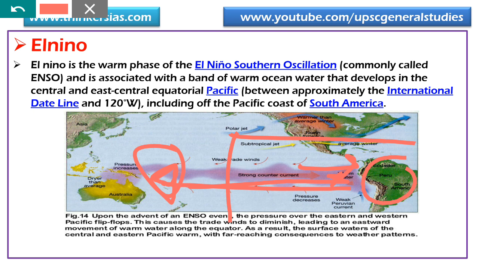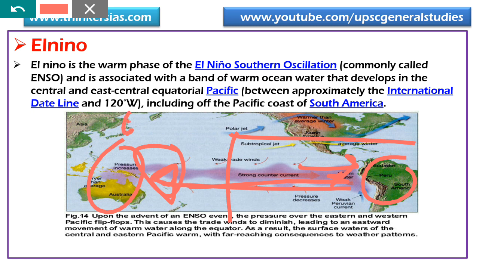This results in above normal temperature there. Because of less warm water on the coast of Australia, that is the western Pacific Ocean, temperature reduces and air pressure increases here. It is the reverse of the normal event.